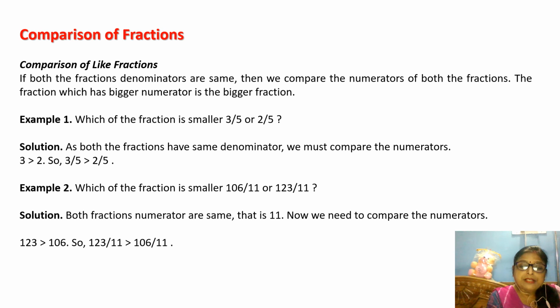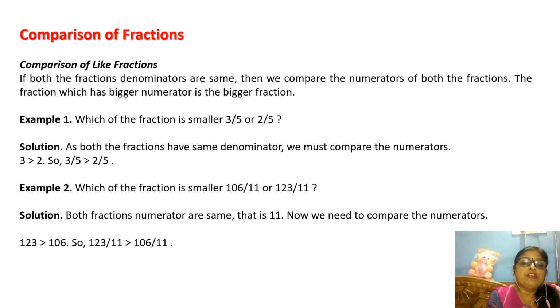Next one, comparison of fractions. How will you understand which fraction is the bigger and which fraction is the smaller? First, we will compare the numerator and denominator, then you can get which fraction is bigger and which one is smaller.